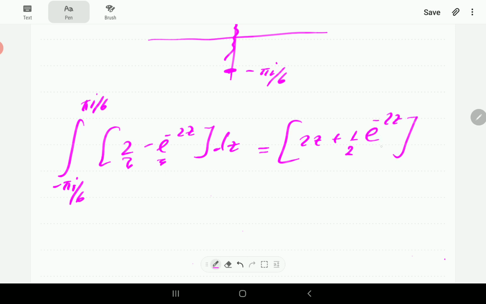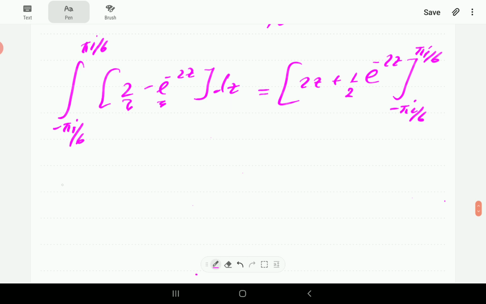If you have to revise these from our first year calculus course, by all means do that. We are going to need to be okay with evaluating integrals of all these elementary functions. Right, now we plug in the limits.